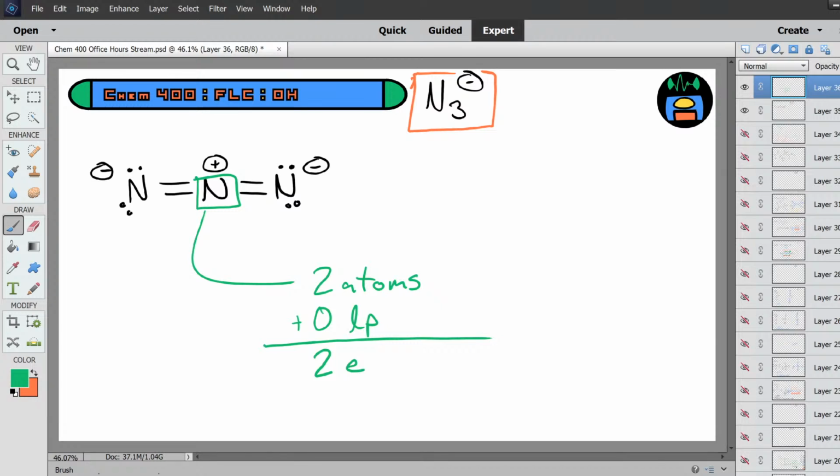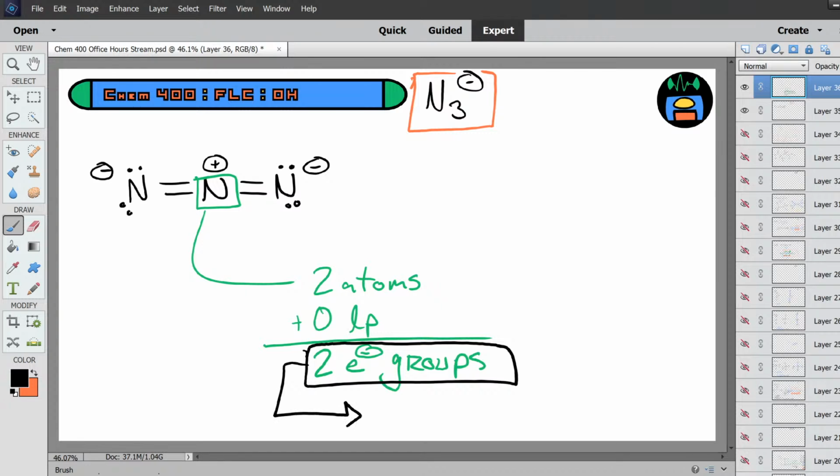So we have two electron domains or electron groups, and so whenever you have two electron groups, that means your hybridization is going to be sp. So it is sp hybridized.